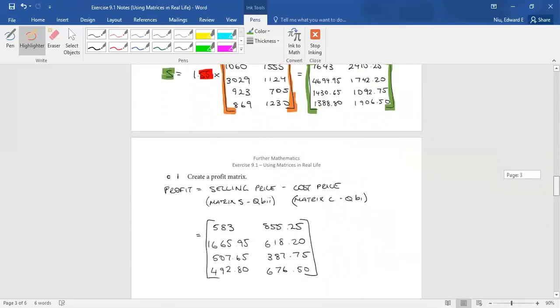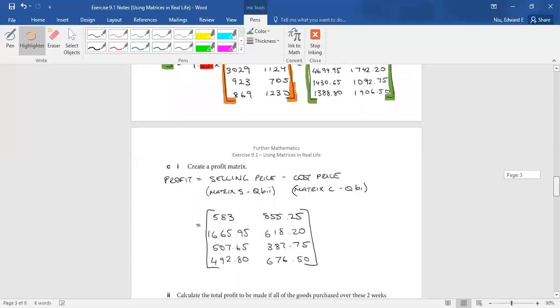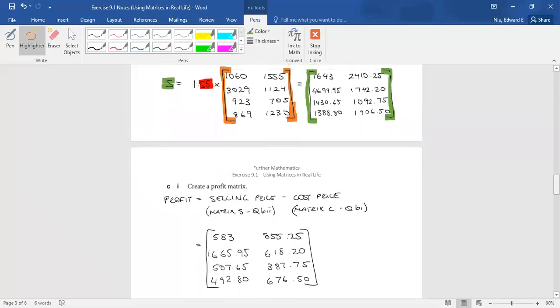Part C, create a profit matrix. So again, they're assuming you know what a profit is. Remember, if you have a business or if you've done business management, you've got a significant advantage. The profit is simply the selling price take away the cost price. What does this mean?